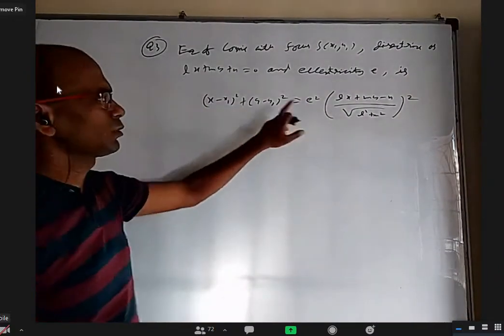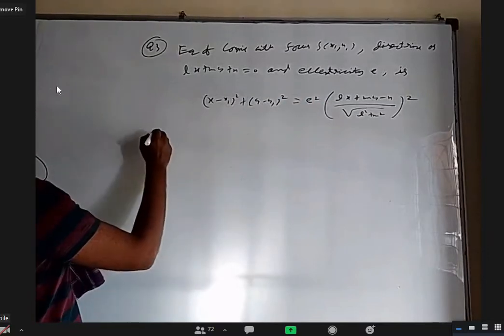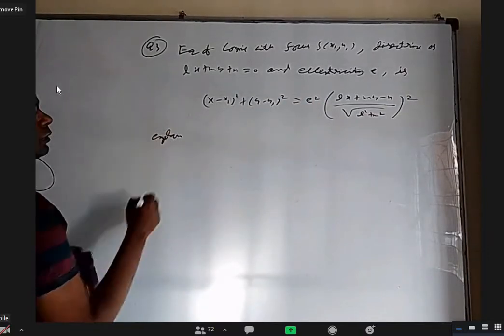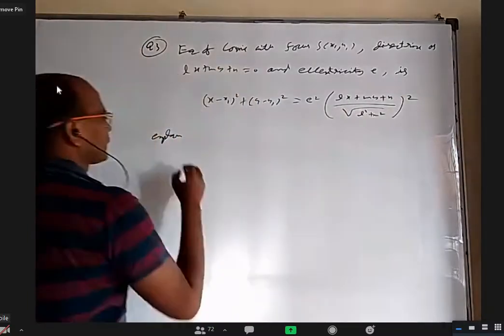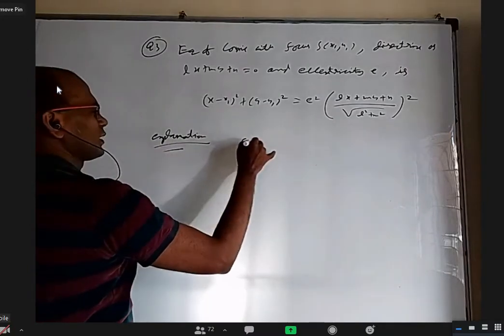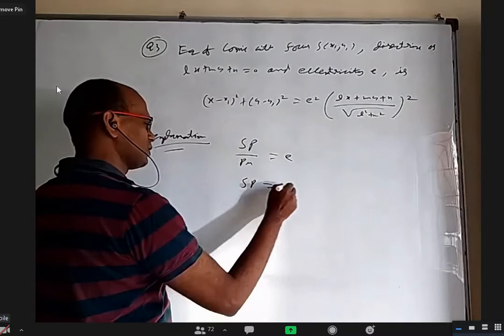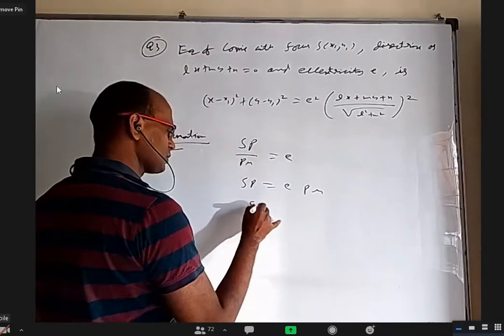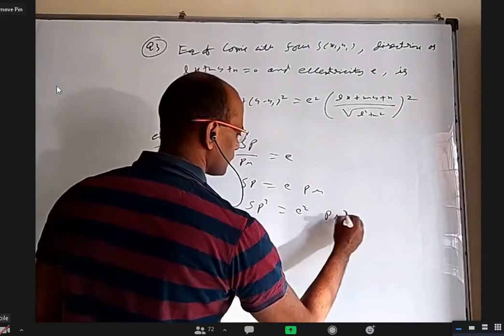You know focus, you know eccentricity, you know directrix. How did we get SP equal to EPM? So minus n or plus n, sir? This is plus n. Explanation: here simply you write SP by PM is equal to e, SP equal to e PM, and SP square equal to e square into PM square.